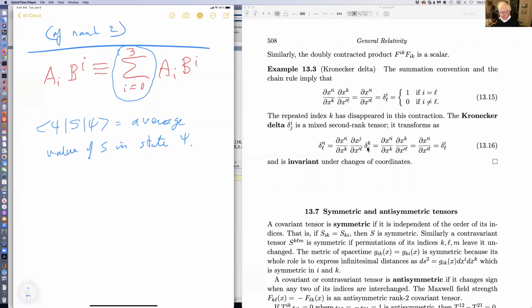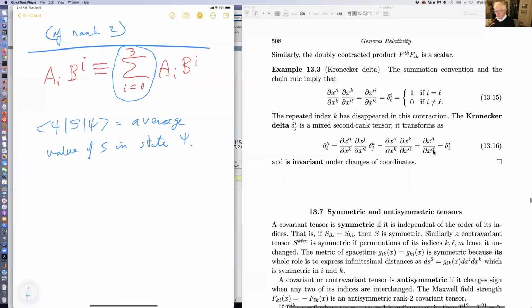But by the summation convention, first of all, j has to be equal to k, and then we sum over k, and then we just get, by the chain rule, partial x prime i, partial x prime l, and that's just the Kronecker delta. So this is a tensor of rank 2 that's invariant.